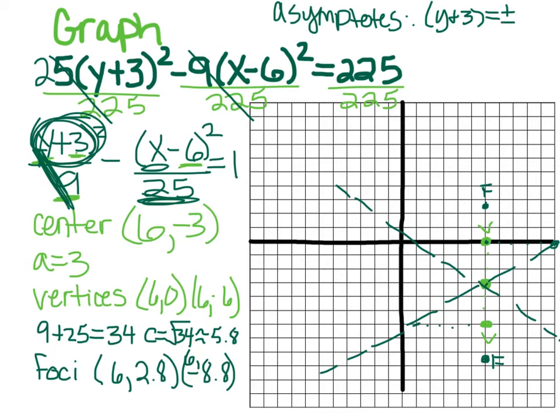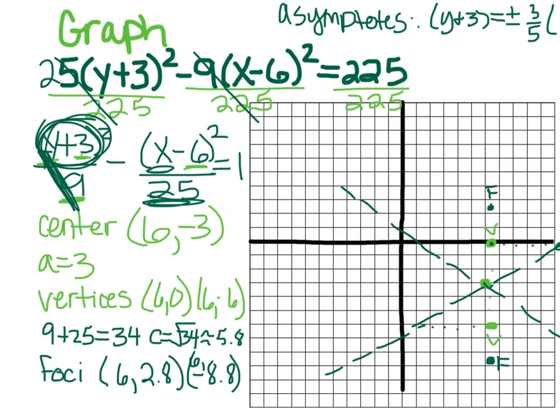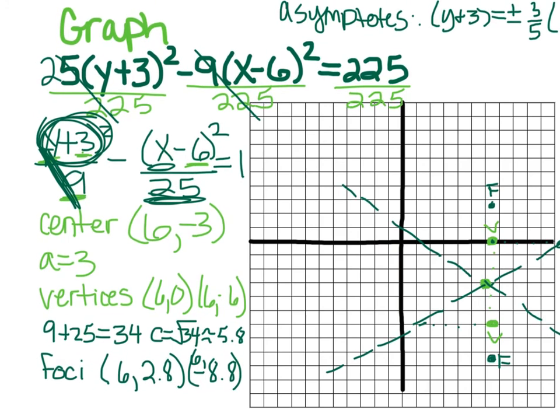So in this case we rose 3 and we ran 5, and then parenthesis x minus h, so x minus 6.